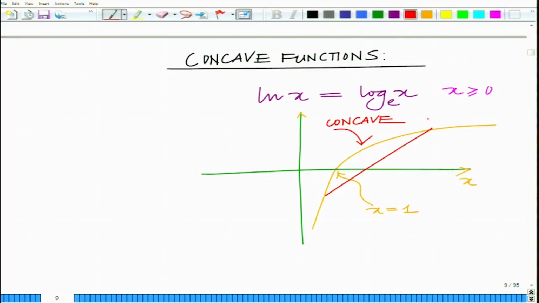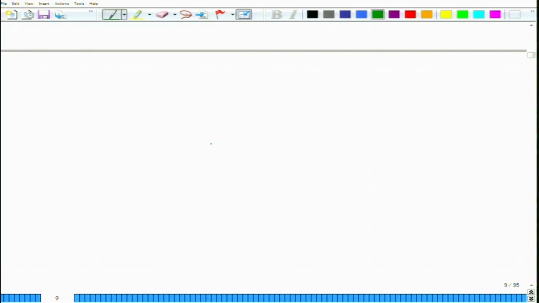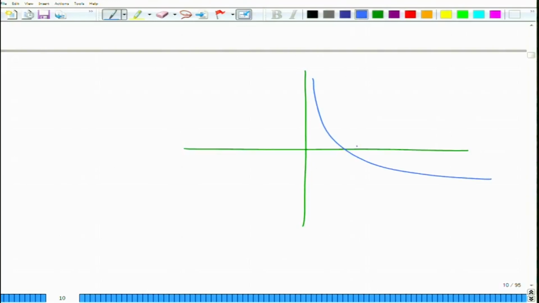concave. In fact, the right way to do it is to look at minus of f of x. As per our definition, if minus of f of x is convex, then f of x is concave. If you plot minus of f of x, it looks like this. This is 0 at x equal to 1, as x tends to 0 it tends to infinity, and as x tends to infinity it tends to minus infinity.